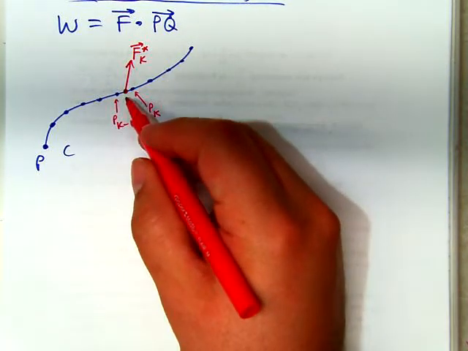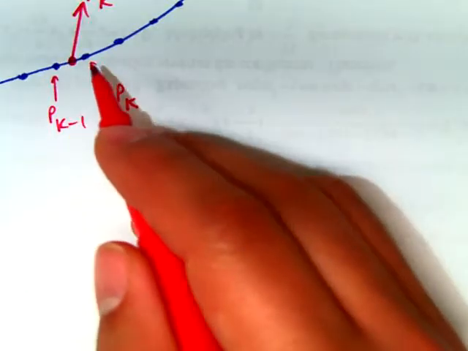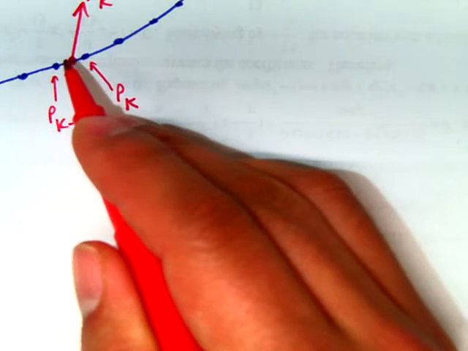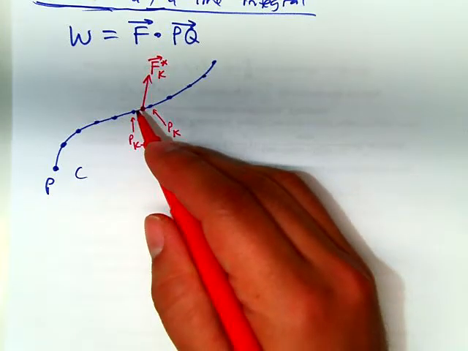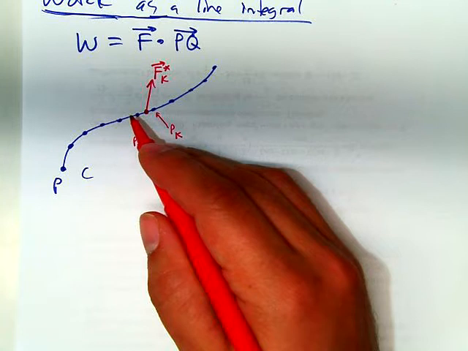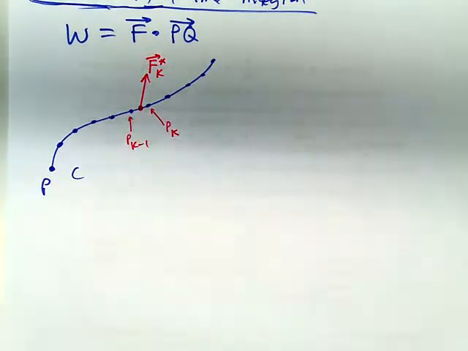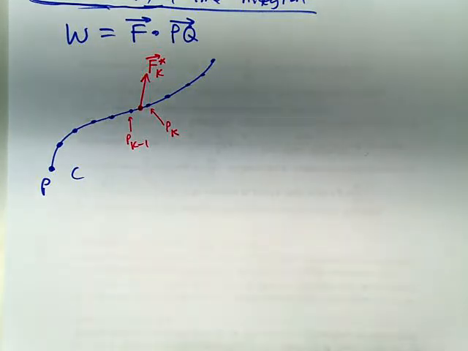And the idea is that even if we're looking at this small little section, locally the force isn't going to vary too much. So we're looking at this particular vector in one little partition of this path, but it's not going to vary too much as we go a little bit to the right or left.